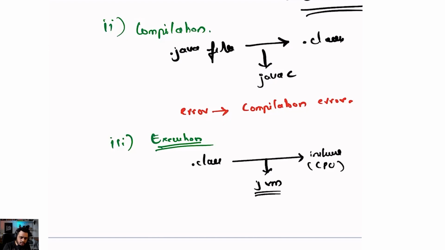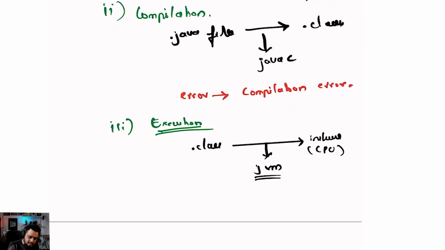Now, if any error occurs during this phase, what is that error called? Execution error, or you can even say runtime error. Clear, everyone?